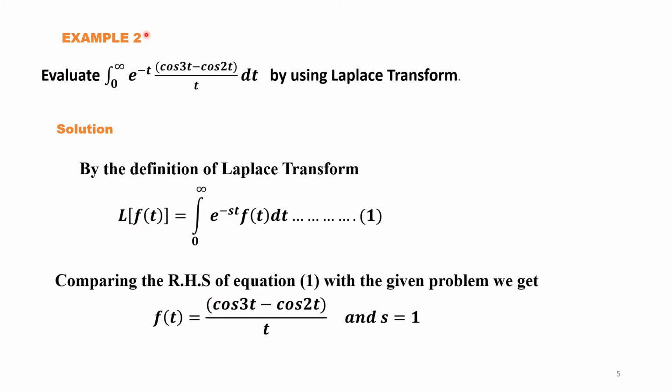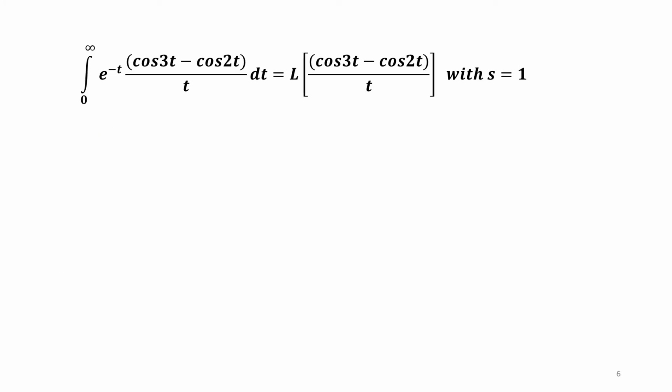It is going to be L of cos 3t minus cos 2t by t with s is equal to 1. So we are writing this integral in terms of L of this function with s is equal to 1. So the given integral is L of f of t with s is equal to 1. Now our aim is to find the Laplace transform of this function.